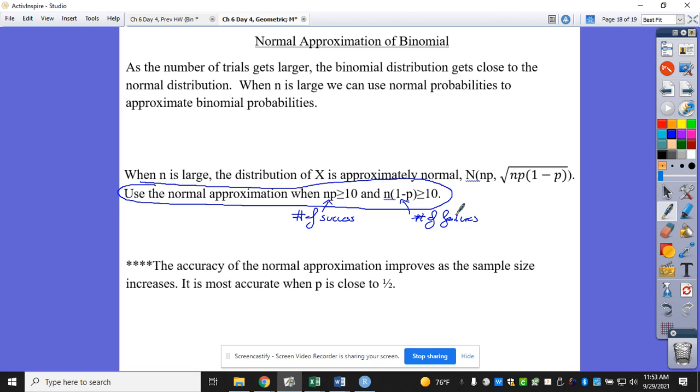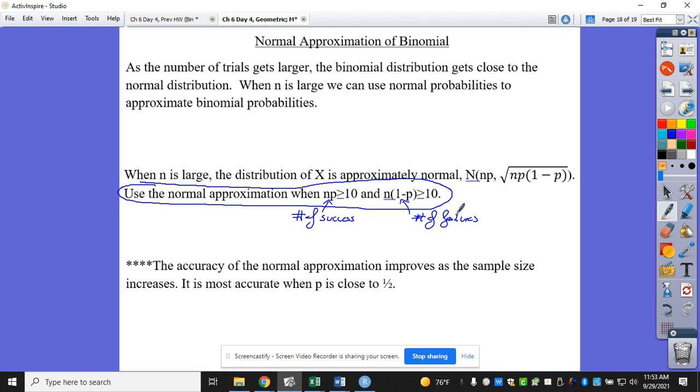And we'll get into a lot of this later about it's more effective when it's closer to 1/2 than 0 or 1. We're talking surface right now. So what do I need, if I say normal, that means I can use my what? Normal means I can use my what? Empirical rule, what else? The yellow chart, and what other equation? What equation do I use to be able to use the yellow chart?